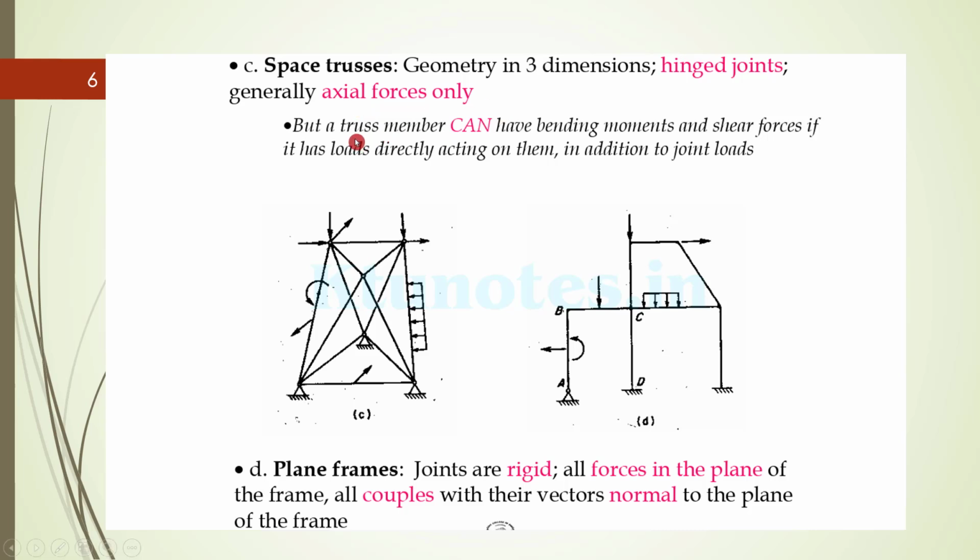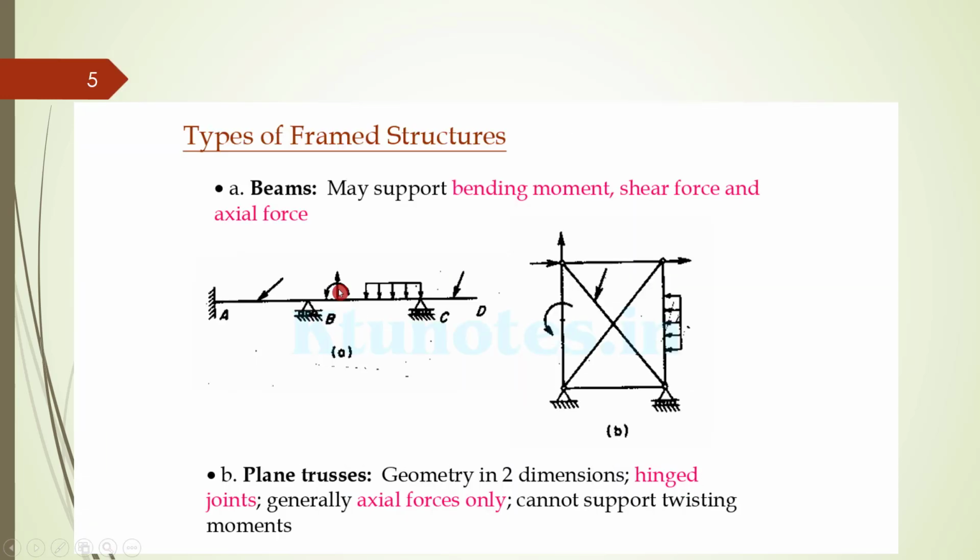But even a truss member can have some bending moment and shear force if the loads are directly acting on them. But normally we will prevent the bending moment and the shear force in the truss. Always design such that it will have only the axial forces. So the C shows a space truss. Yeah, the B was a plane truss.